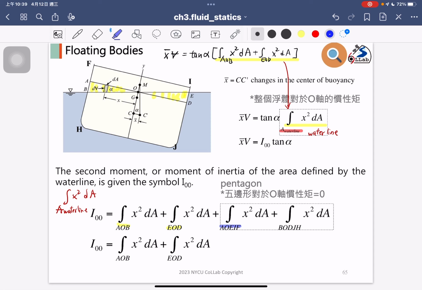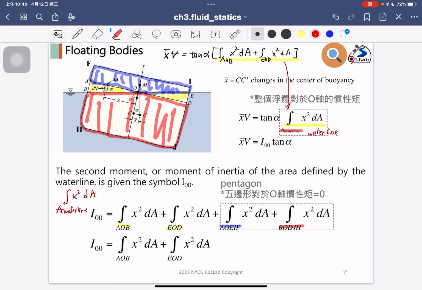Where is the AOEIF? The EIF is this region. Okay, and I also have the additional waterline area BODJH. So where is the BODJH? The BODJH is here. Okay. So I need to integrate all the contributions for the waterline for the second moment computations.